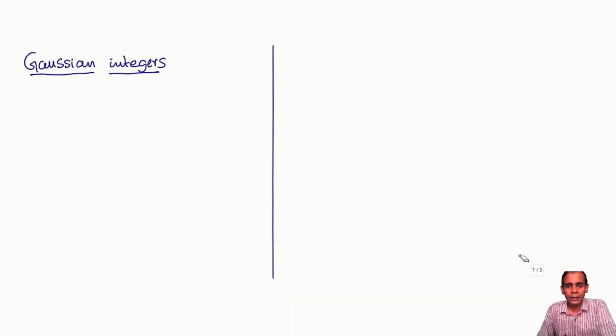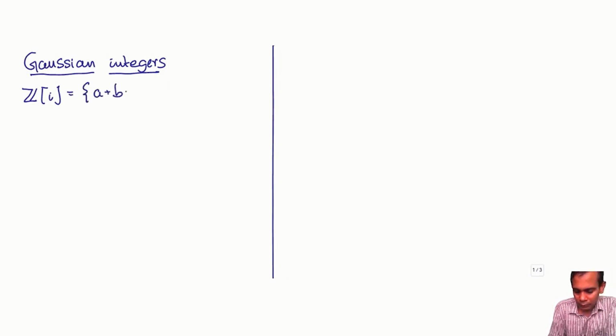In this lecture, I'm going to explain to you why Gaussian integers form a Euclidean domain. Recall that the ring of Gaussian integers, denoted by Z[i], is the set of all complex numbers of the form a plus bi, where a and b are integers.